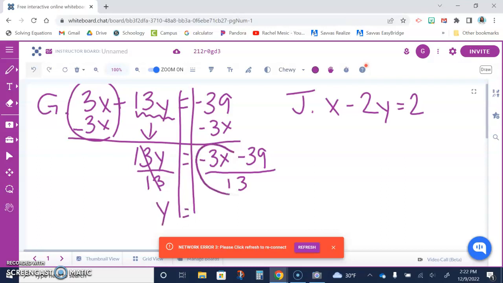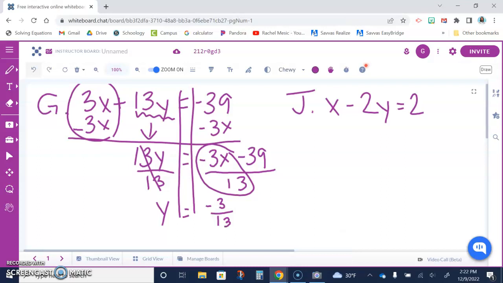Over here, I'll divide the first term by 13. I can't divide 3 by 13, so I'm just going to keep that as a fraction. So -3 13ths. I'll keep the x. Then I'll divide the next term by 13. Okay, that would be -3.